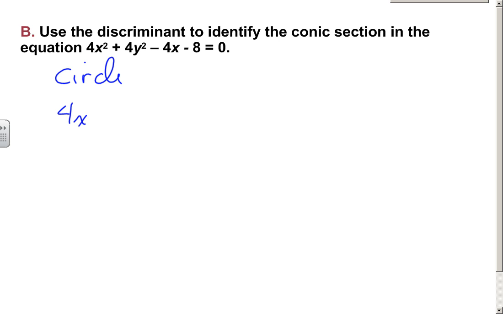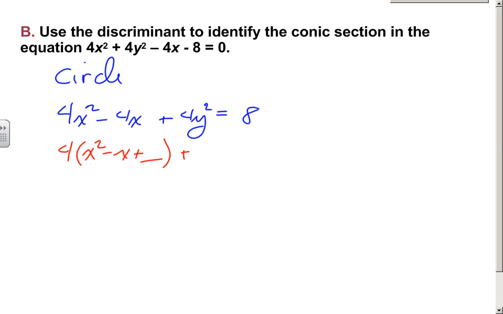So we have 4x squared minus 4x plus 4y squared equals 8. And if we take that and set it up for completing the square, we have 4 times the quantity x squared minus x plus something, plus 4y squared equals 8 plus 4 times something.